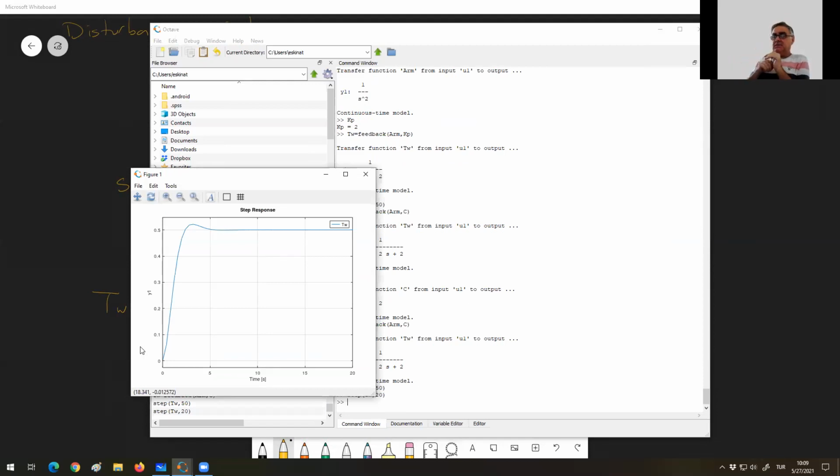It might look good, but these are the responses. This is the disturbance response. What you should have is something like this, coming back to its original position.